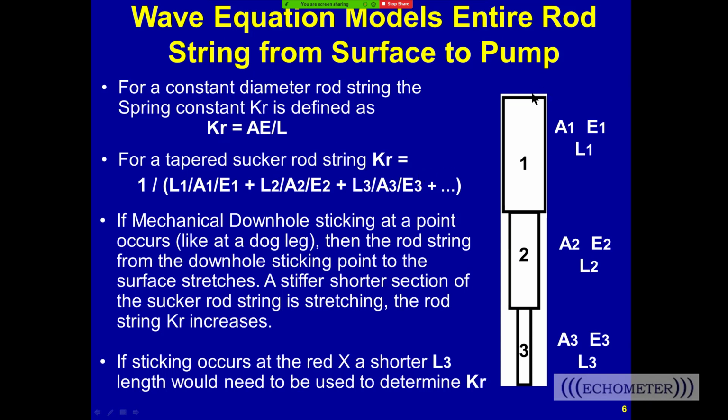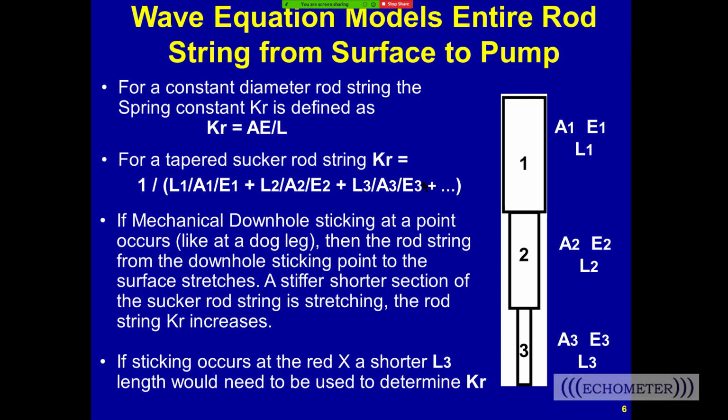If you're trying to determine the overall spring constant for a rod string, you have to take each section of rod separately and add them together, and this is the inverse, so we solve for the Kr of the entire rod string taper, the whole rod string, using this type of equation right here.